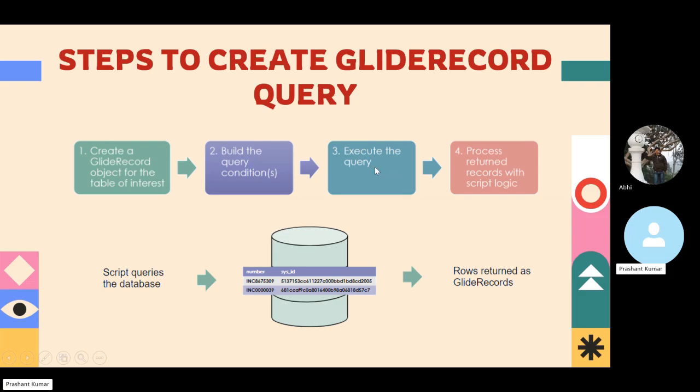Then we execute the query with object.query. Then we can apply the logic: we can use a while loop if we have to access every record, and if we are checking only a condition, then we can utilize an if statement. Based on that, the script will query the database and you will see we are getting two records here based on specific conditions.